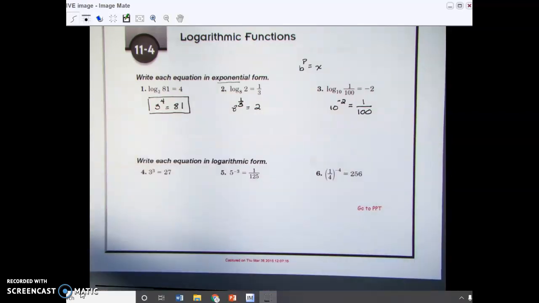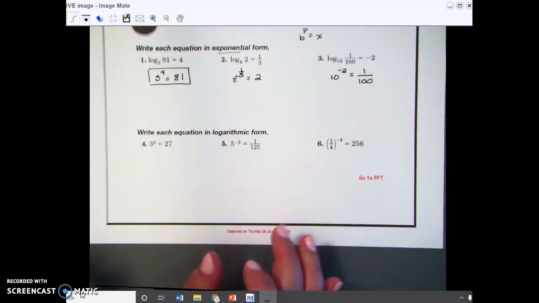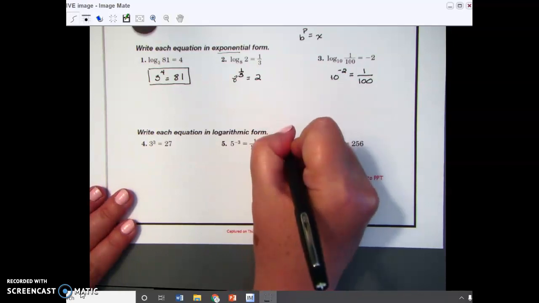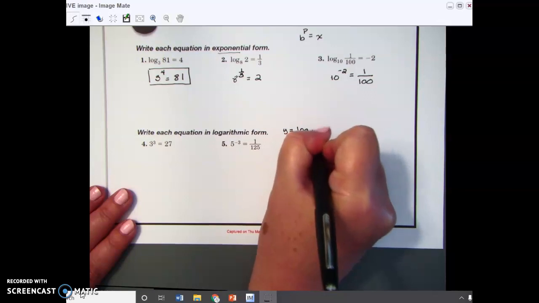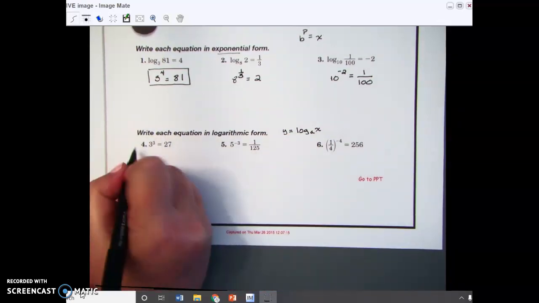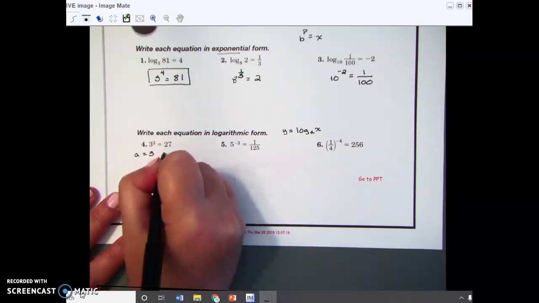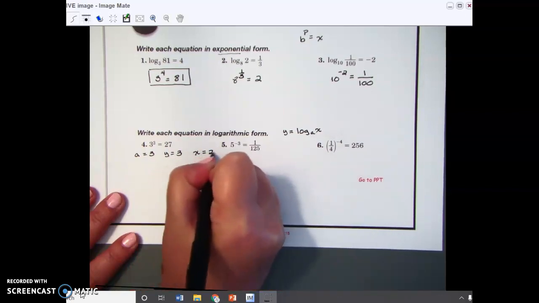Now we're going to do the reverse. I have it in exponential form, and I want us to be able to write it in logarithmic form. Remember, logarithmic form says that y is equal to the log base a of x. Here, my base is 3, my exponent is 3, and my number is 27.